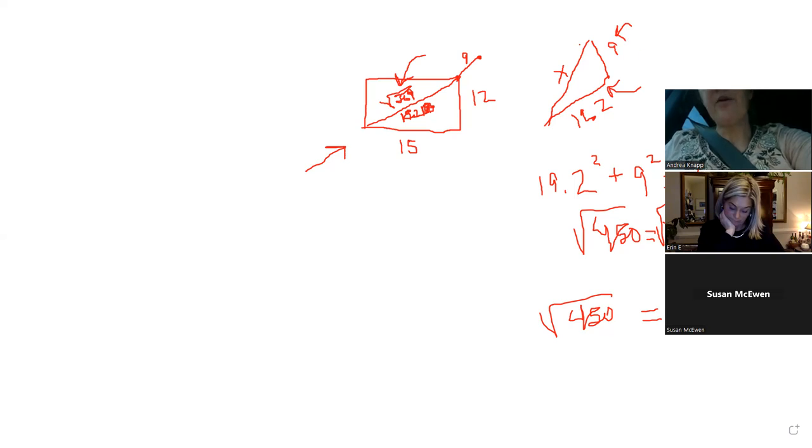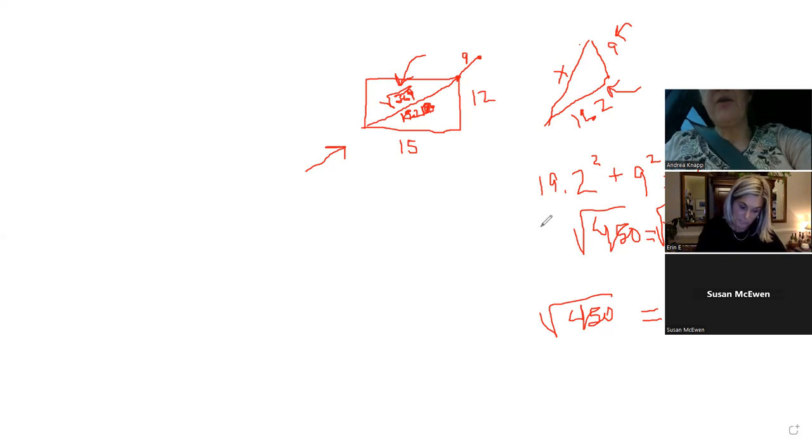And when we do that, we get root 450 equals x. And so our longest line segment that can be drawn in the interior of the right rectangular prism is the square root of 450.